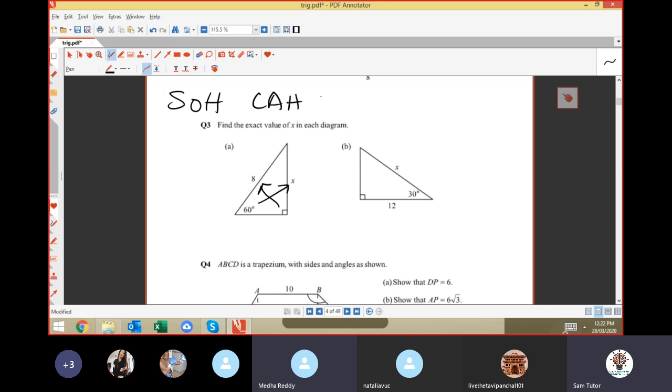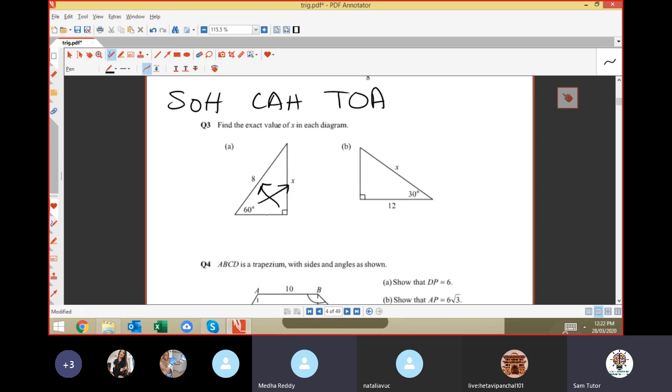SOH CAH TOA. So sine is opposite over hypotenuse. Cos is adjacent over hypotenuse. Tan is opposite over adjacent. Does that ring a bell now?